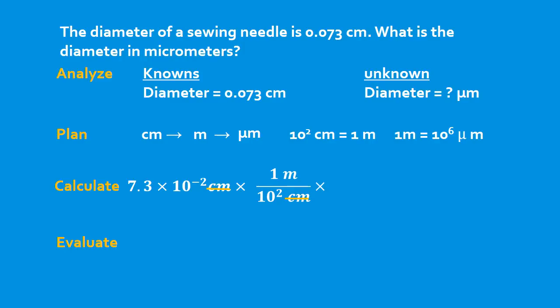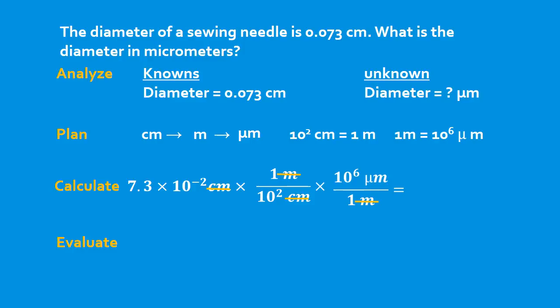Now I want to go from meters to micrometers. Since I want to cancel meters, that means meters need to be my denominator. So we have 10 to the 6 micrometers in 1 meter. My meter is going to cancel because I'm dividing meter by meter. Now we look at our exponents.